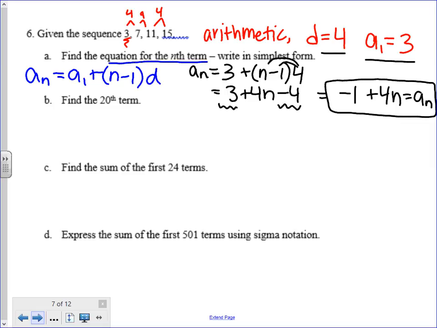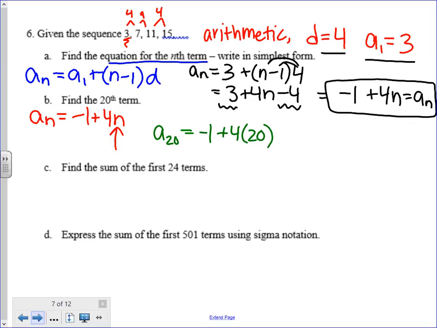Now that formula helps me out a lot in the coming problems. I can now use that formula that we just found, a sub n equals negative 1 plus 4n, to find the 20th term. In order to find the 20th term, I just stick 20 in for n. So I'm going to find a sub 20 equals negative 1 plus 4 times 20.